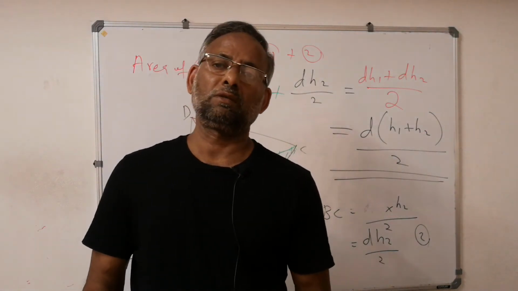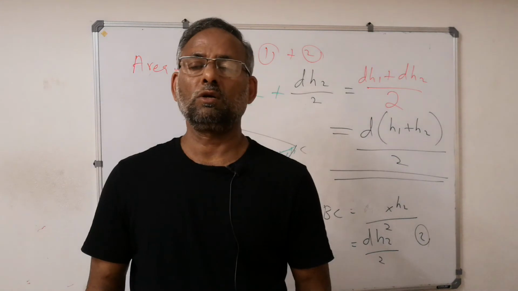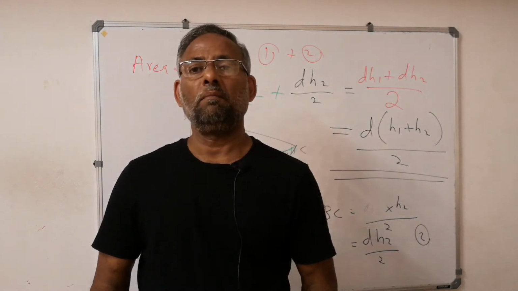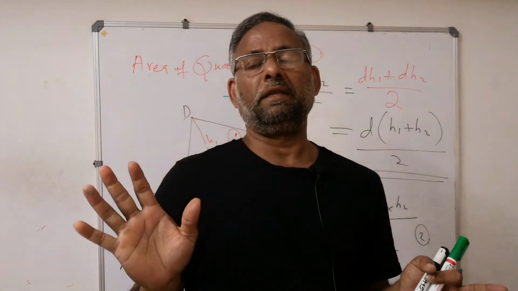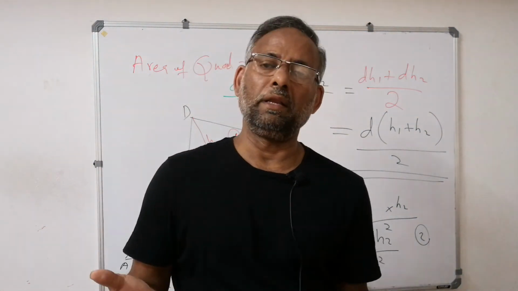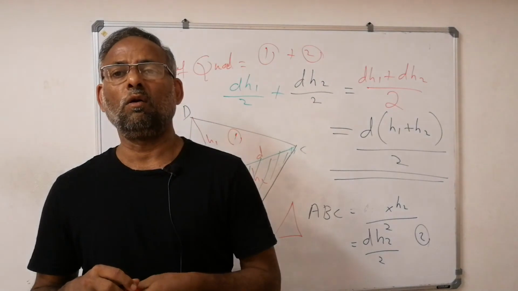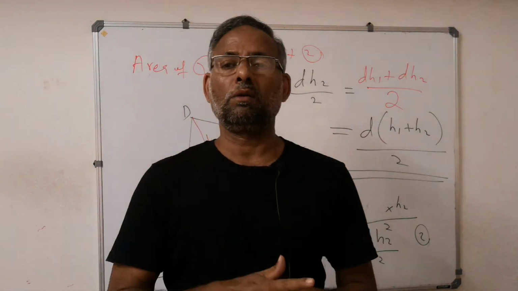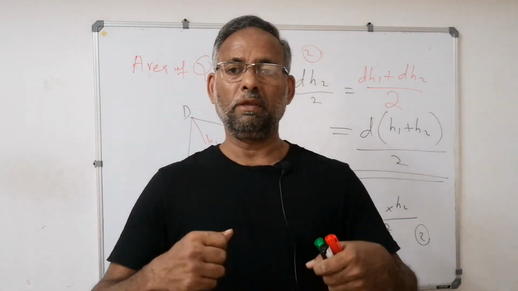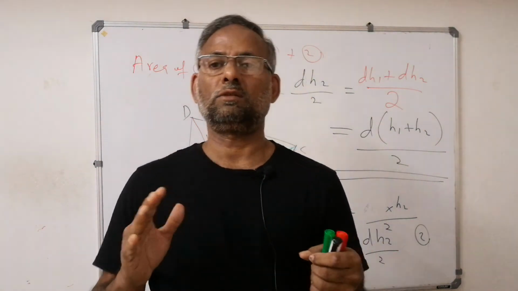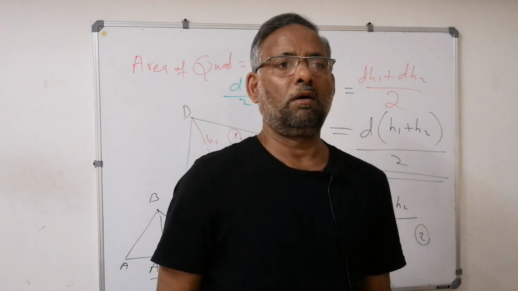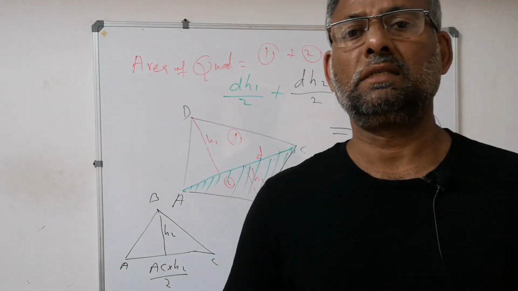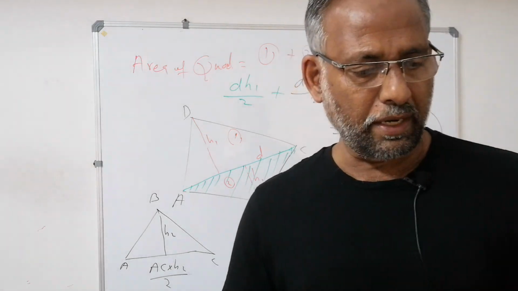What is the difference between square and rhombus? Square also has all sides equal and opposite sides parallel, but the angle is 90 degrees. Rhombus, no need. That is why we say all squares are rhombuses, but all rhombuses are not squares. Square means you must be straight, not like the slope. Rhombus, no. You know in a parallelogram, opposite angles are equal and adjacent angles are supplementary, adding up to 180 degrees.